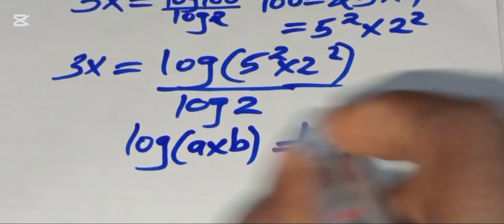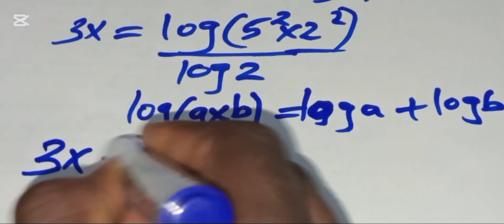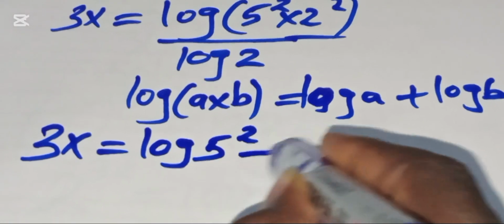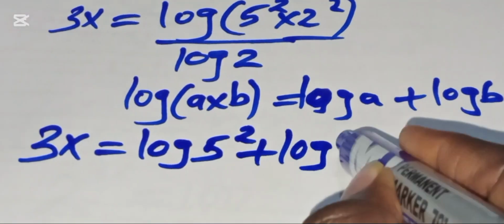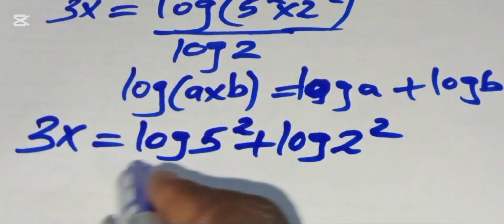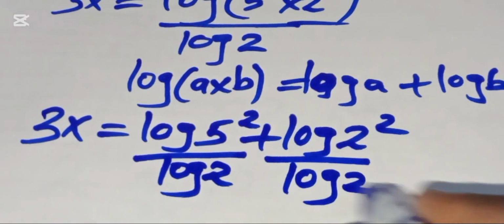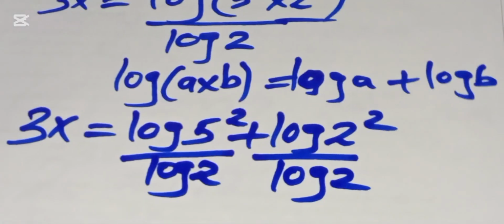Let's apply this property. So we'll have 3x equal to log 5 squared plus log 2 squared, divided by log 2. So this is what we have.